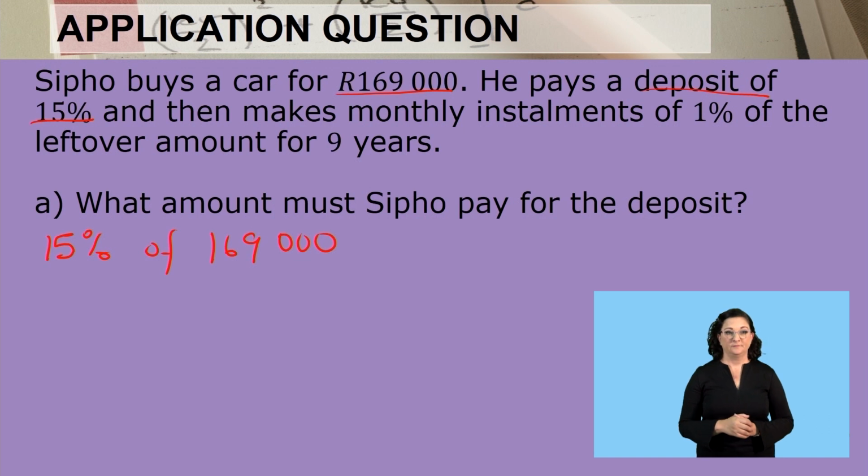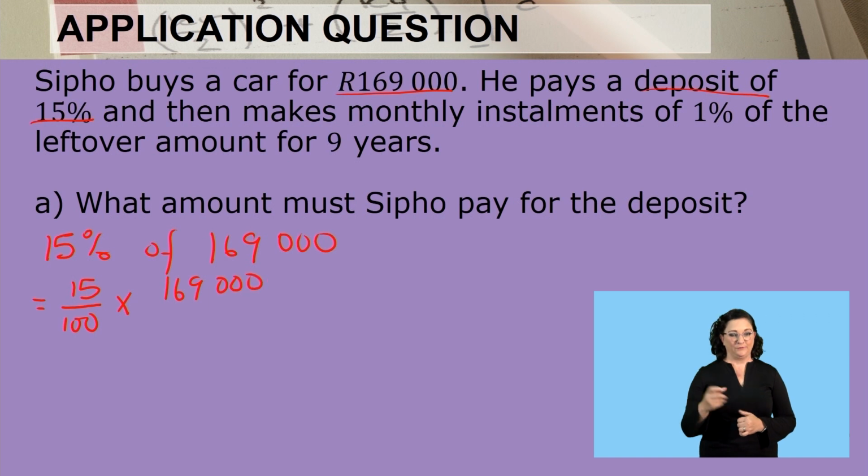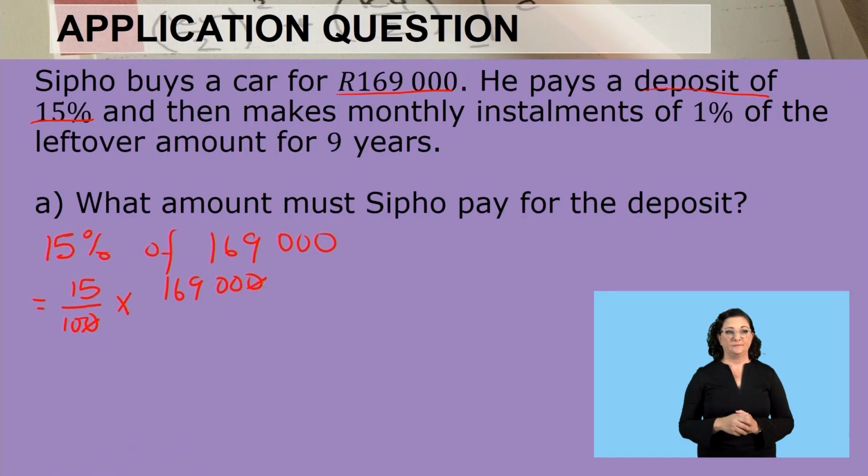Obviously we must rewrite this correctly. It's going to be equals to 15 out of 100 multiplied by 169,000. Then this is going to need you to take out your calculator. So the zeros, they're gone.